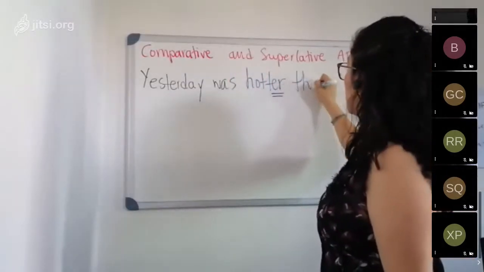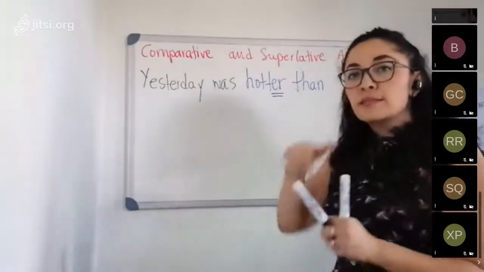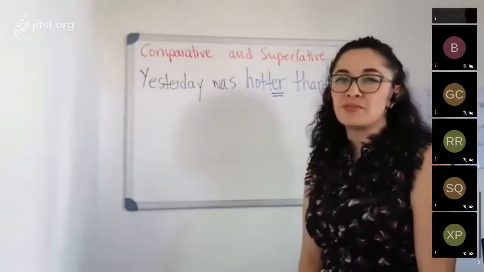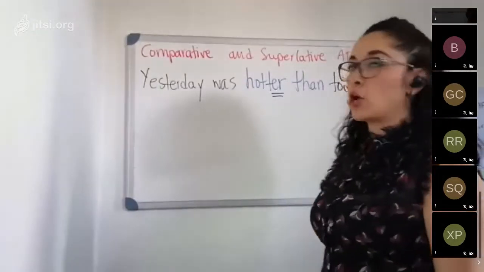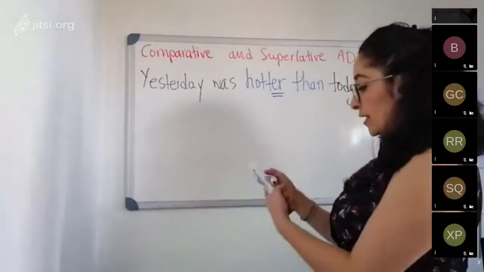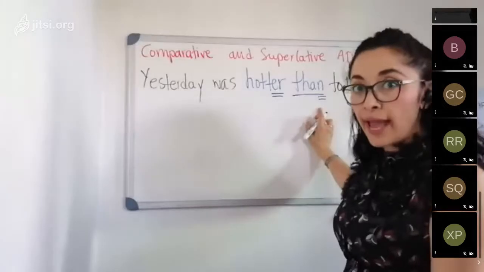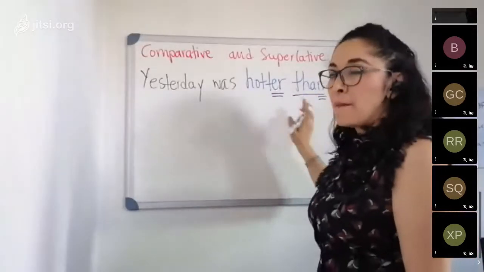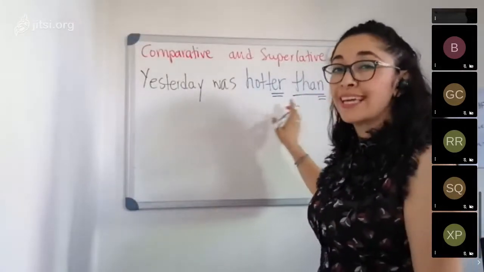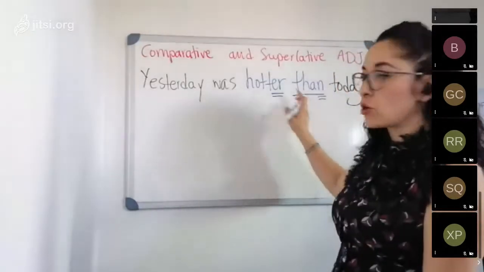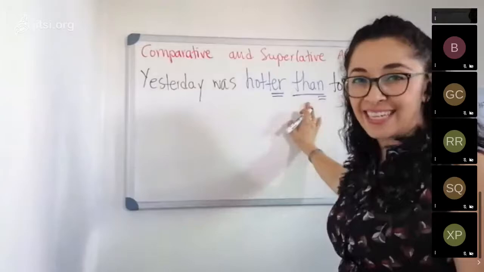Yesterday was hotter than today. We use this word with an N, okay? Hotter than. Más caluroso que ayer. Que, in this case, for comparative structures, we're going to use than.